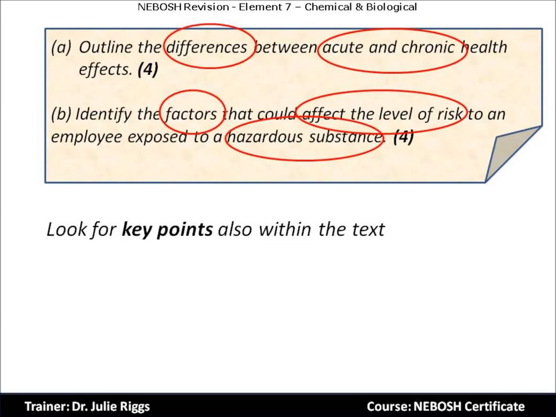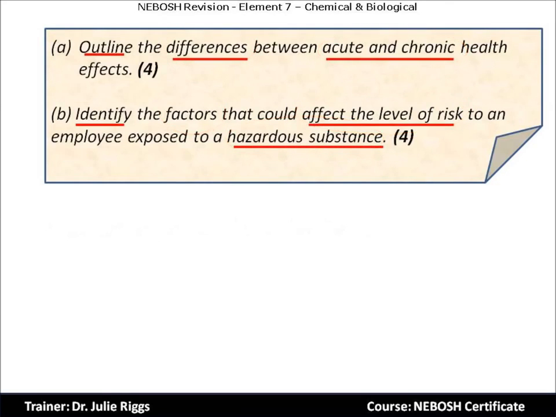So you can see in Part A, we're looking to try and establish the differences between acute and chronic. In Part B, we're requiring to identify the factors that could affect the level of risk to a hazardous substance. You may find it useful to underline those keywords on your exam paper to ensure you remain focused.